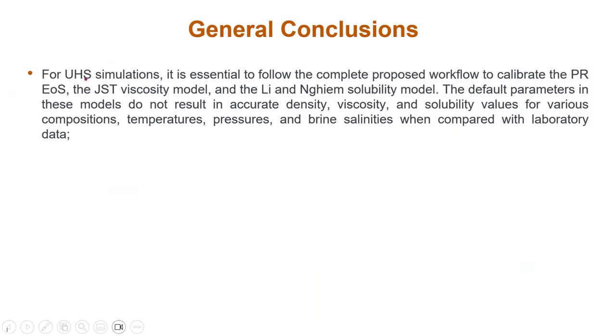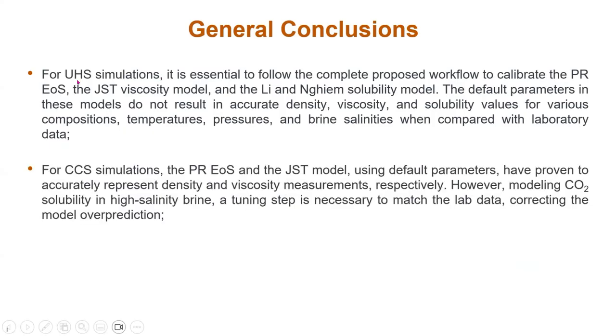So we can bring knowledge from classical petroleum applications and apply it to underground hydrogen storage. For CCS, the same thing. For CO2, we can use the same equations and models for computations.